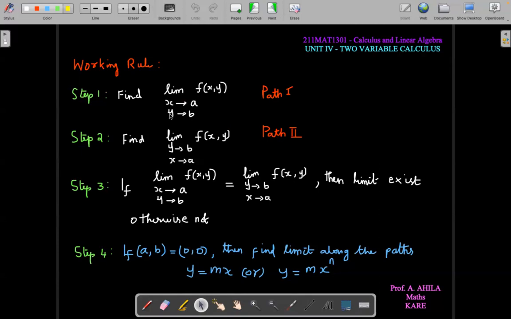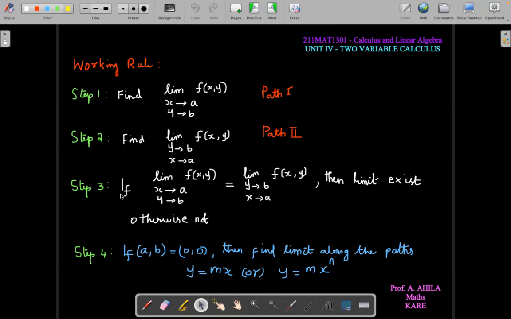Here x tends to a, y tends to b, then we change. First we substitute y tends to b and then x tends to a, or x tends to a, then y tends to b. Here the other way: first we substitute y tends to b, then x tends to a.